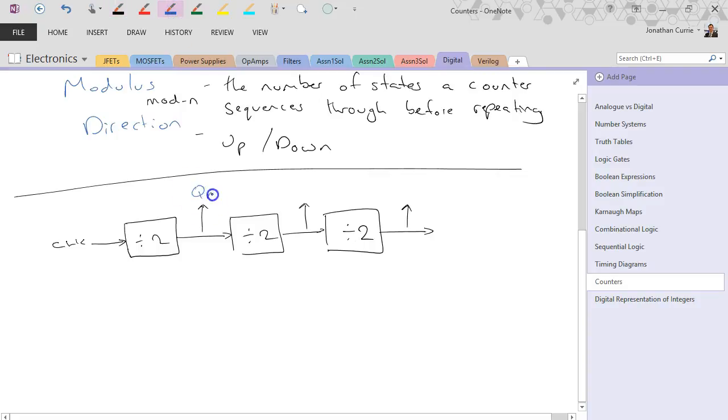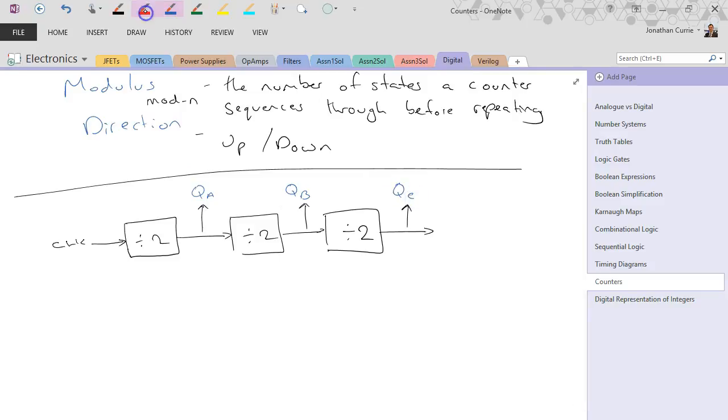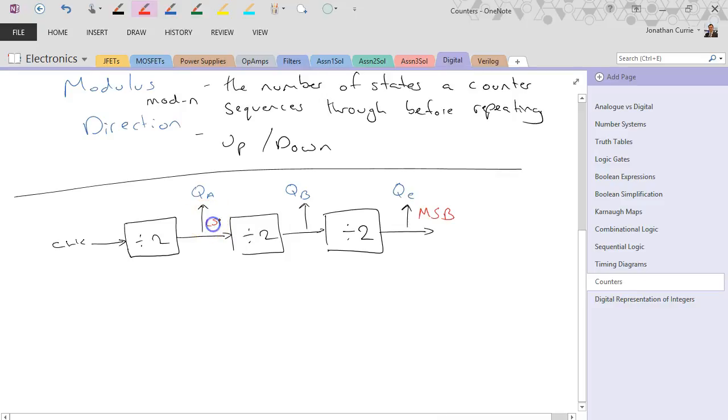So I'm going to call this one QA, QB, and QC. And what we're actually going to find is that this is the most significant bit and this is the least significant bit of our counter.